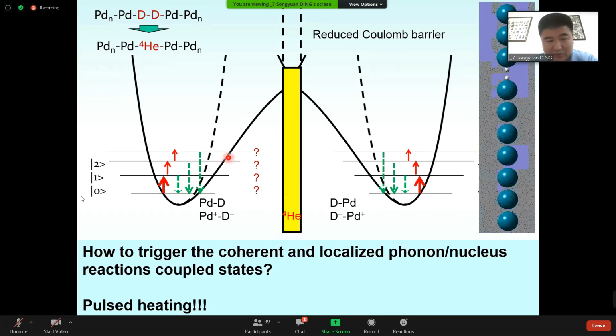That's the problem. We don't know which excited vibrational state will be effectively coupled with the well state. So we need to heat up the system to excite the vibration state from ground state to several excited states. That's why we try to use a pulse heating strategy.